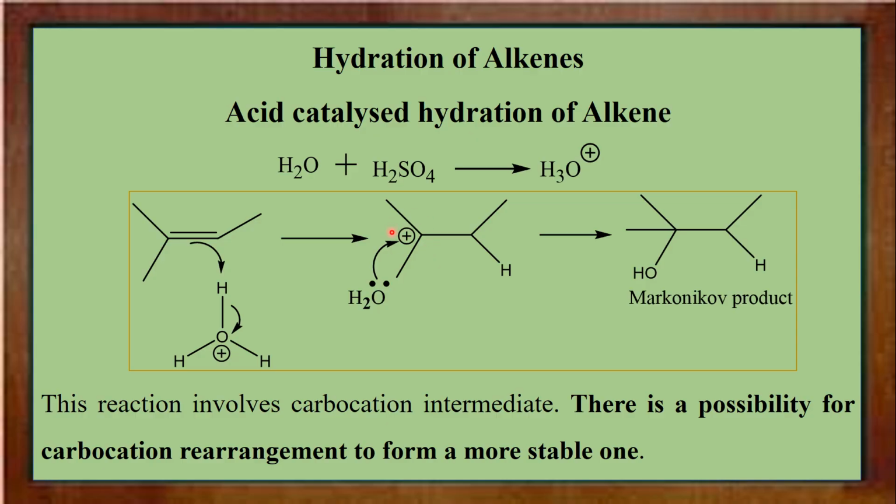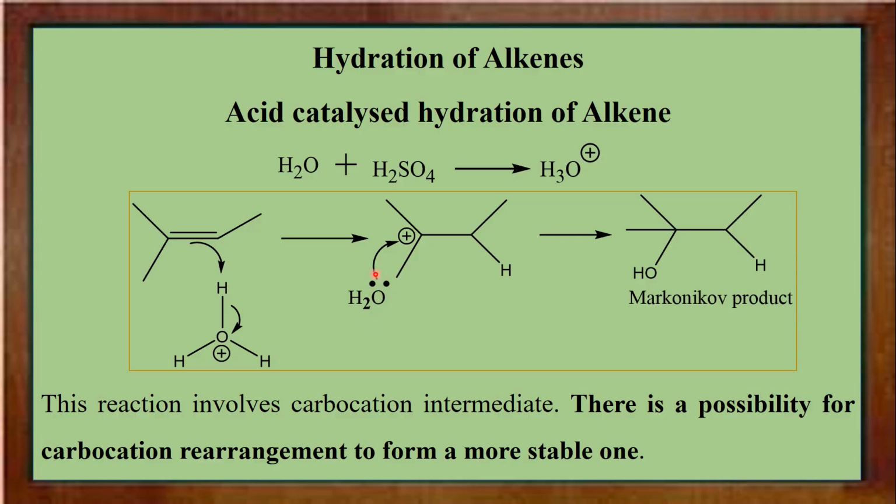So carbocation is an electrophile. The water expelled from here is a nucleophile. Therefore, in the second step, the nucleophile reacts with the carbocation. Water has an oxygen which has two lone pairs.